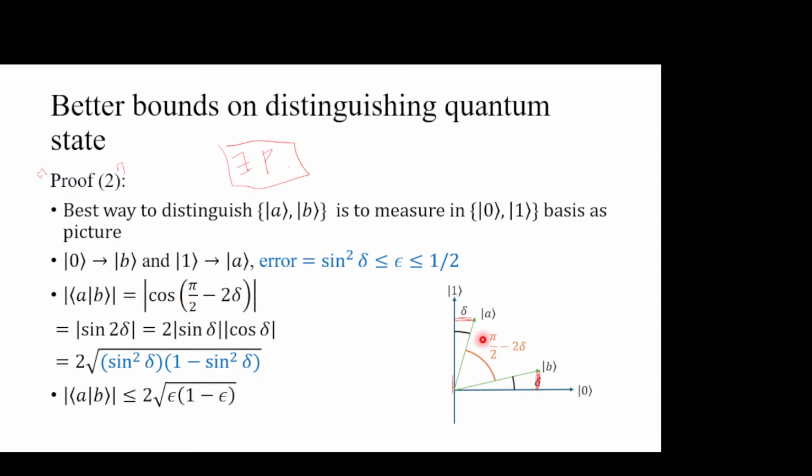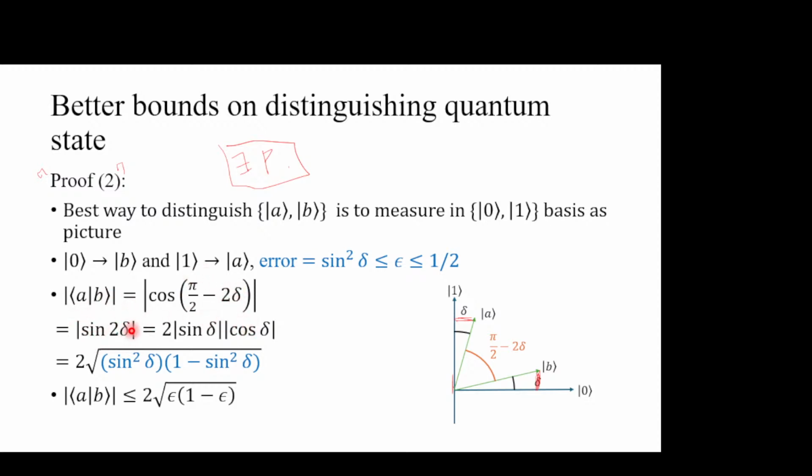The inner product between A and B is the cosine of this angle, and this angle is very easy. There's 90 degrees, pi over 2, minus delta here, and 2 delta here. So it's pi over 2 minus 2 delta. Then we do a bit of trigonometry: cosine of pi over 2 minus 2 delta is just equal to sine 2 delta.